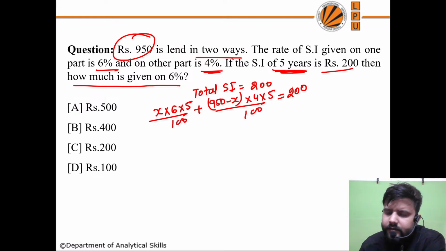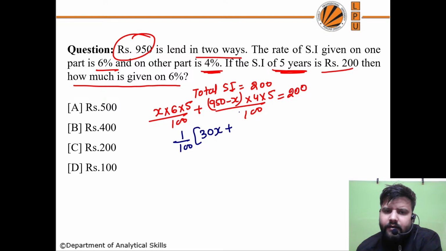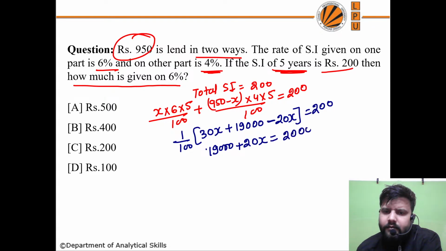Getting it? So 1 by 100 you can take as common. So it is 30x plus 20 into 950 minus x, that is 19,000 minus 20x, is equal to 200. Done. So from here 19,000 plus 20x will give you 20,000.